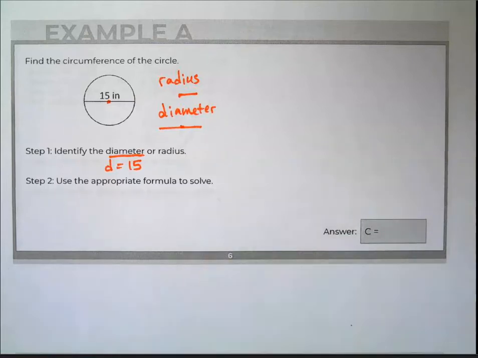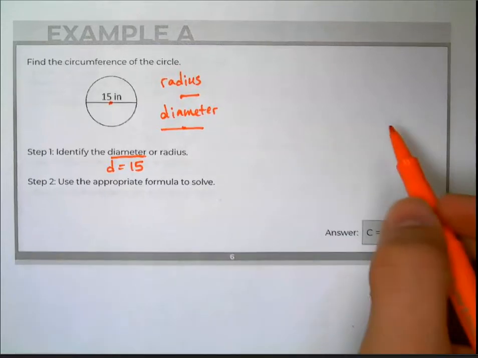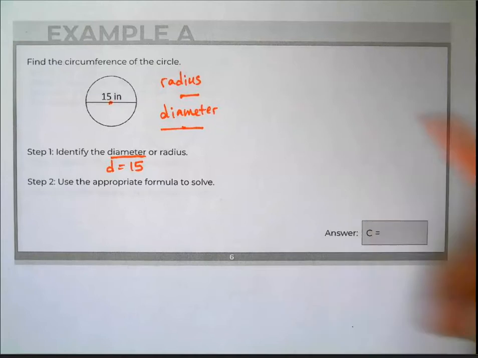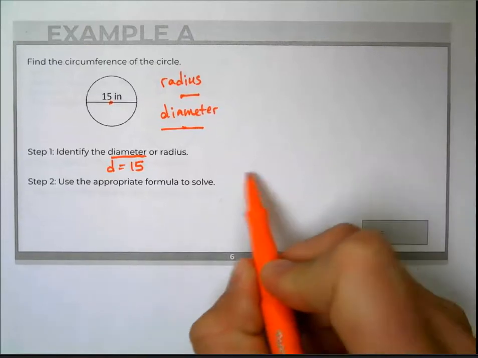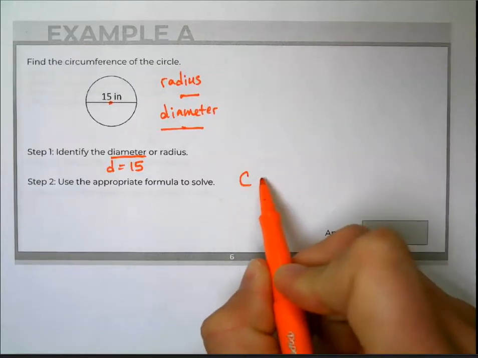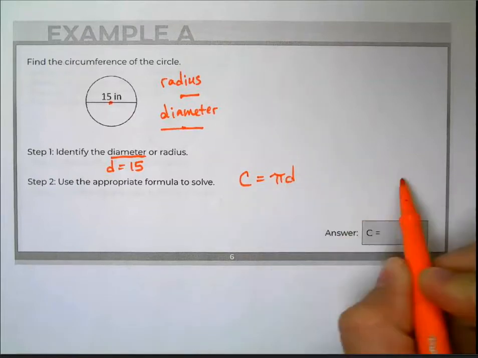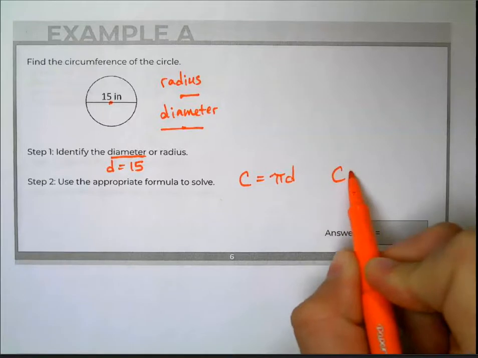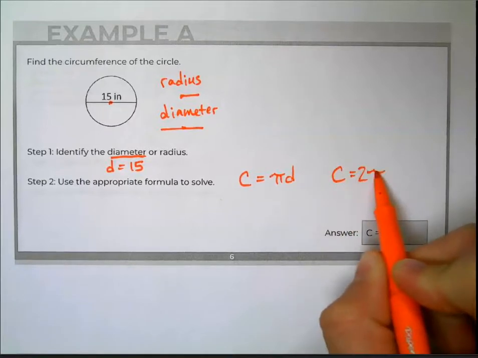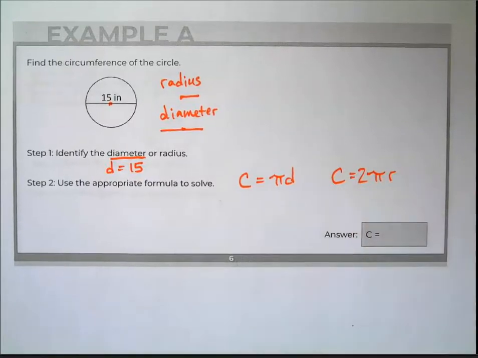Good. Step two is to use the appropriate formula. Well, they say that because you have a choice. You have C, or circumference, equals pi times diameter, or you have C equals 2 times pi times radius.